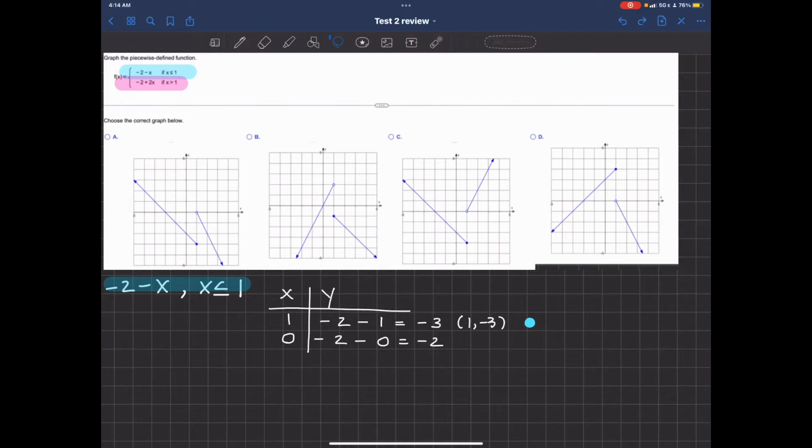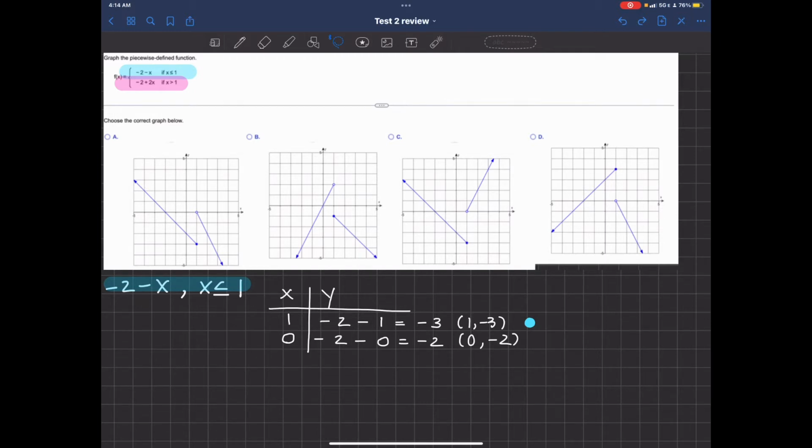So our ordered pair, or our next point to plot, is going to be 0, -2. So if you start looking at some of our graphs, it looks like A and C are both possible answer choices. So B and D are out.